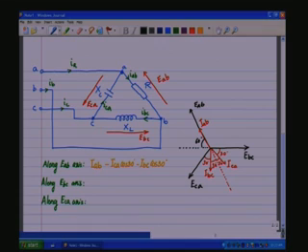Therefore, along the EBC axis the currents are minus IAB cos 60, then we have ICA projected in the positive direction, which is plus ICA cos 30.